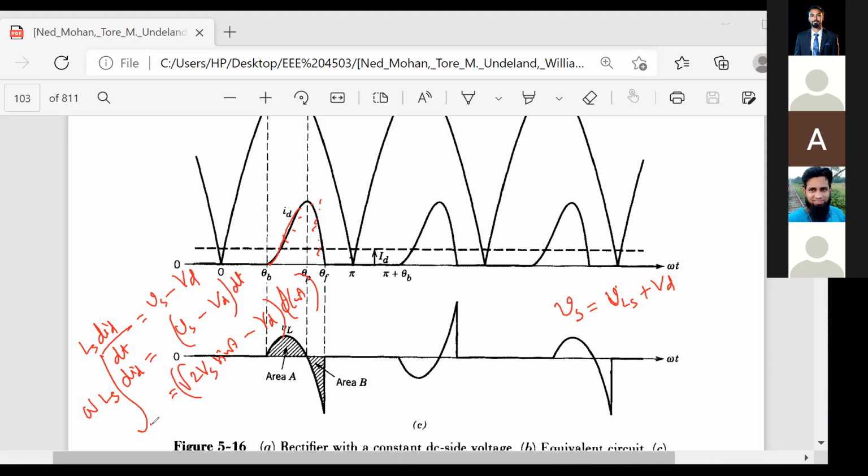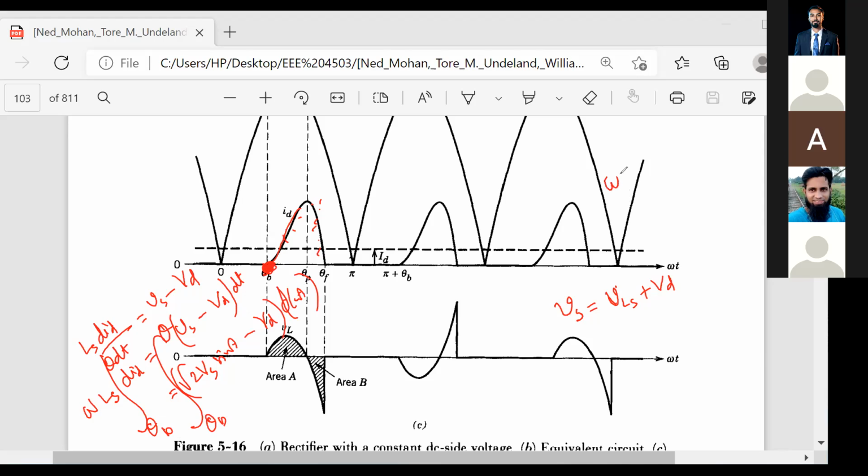Then you are integrating from theta b to theta. What is the current at theta b? Sir, 0. Zero.